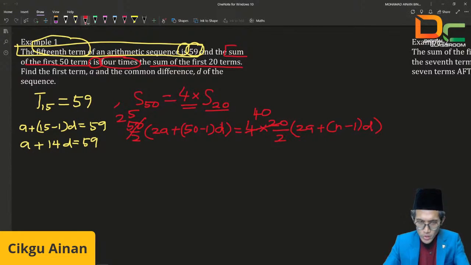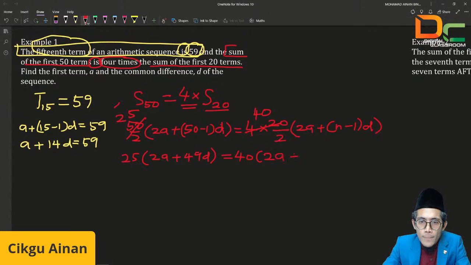So 25 times 2A plus 49D over here equals 40 times 2A plus, oh, this one I made a mistake, this is not N, this is supposed to be 20, my bad. So 20 minus 1, 19D. So we use a calculator to expand the numbers.